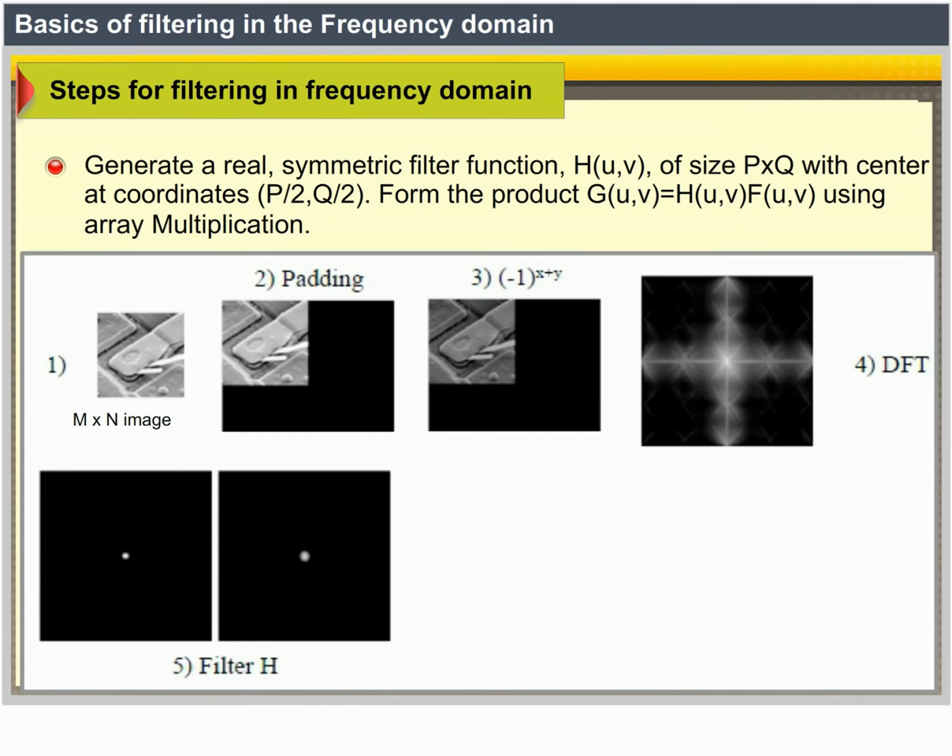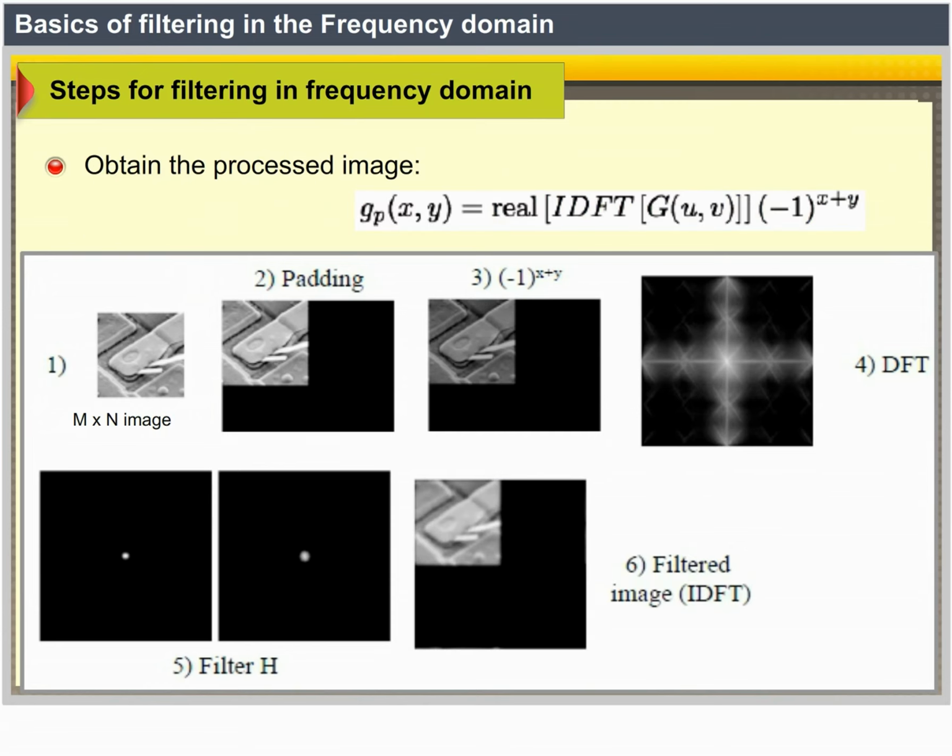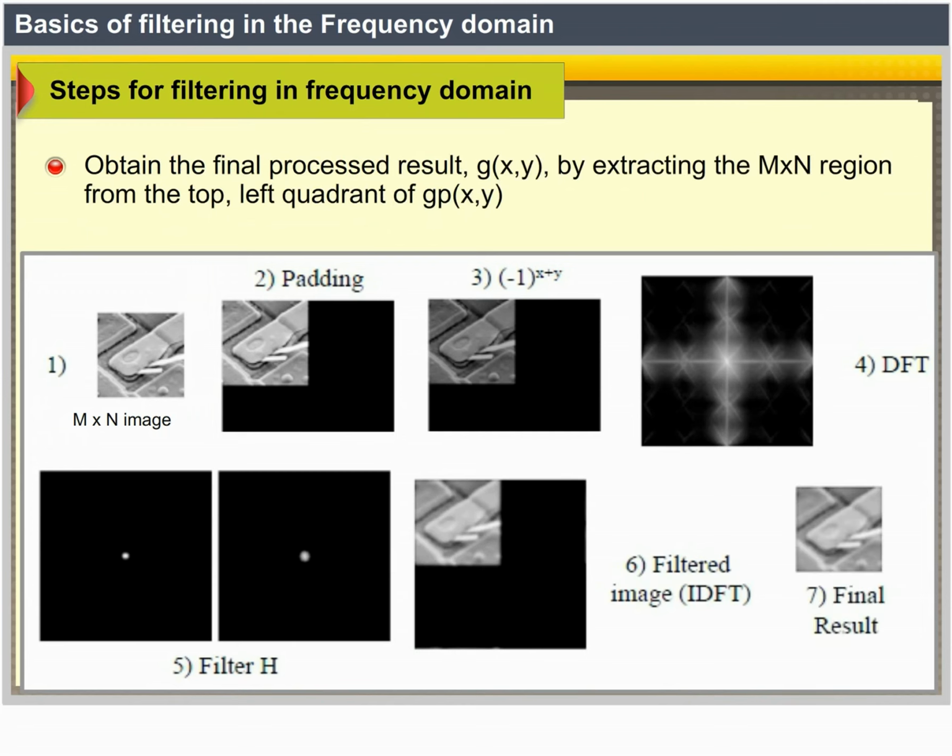Form the product G of u, v equals H of u, v times F of u, v using array multiplication. Obtain the processed image as per the equation shown. Obtain the final processed result g of x, y by extracting the M by N region from the top left quadrant of gp of x, y.